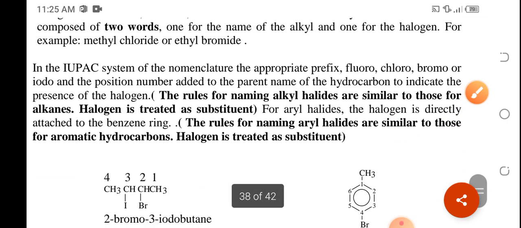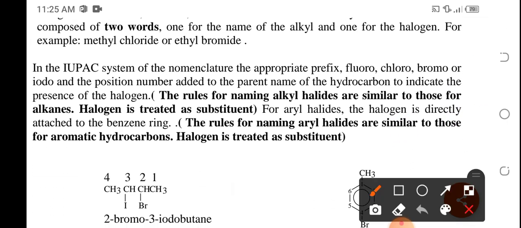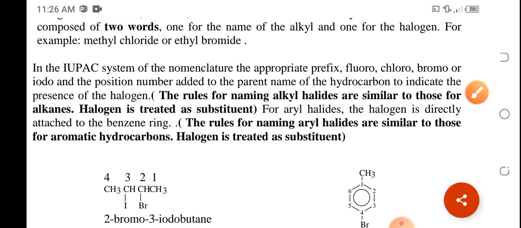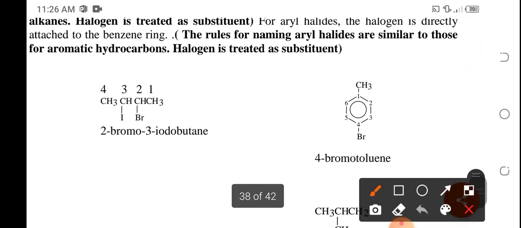For the IUPAC, we are using the prefix fluoro, chloro, bromo, or iodo, and then we have the position numbers. Always, the numbering system should come up with the smallest set of numbers. Okay, so for this example, the parent chain has 4 carbon atoms in single bonds.